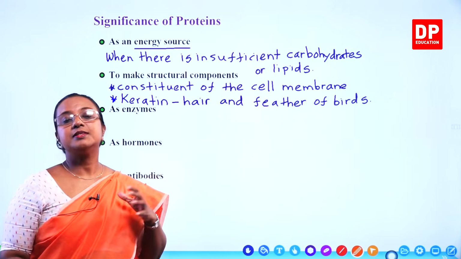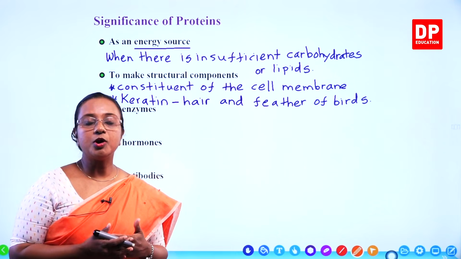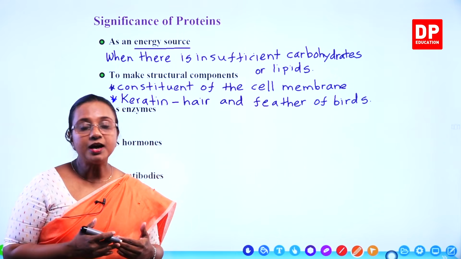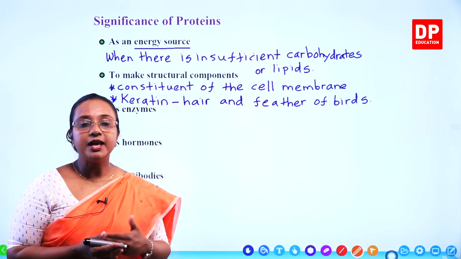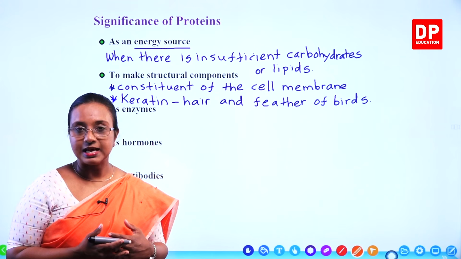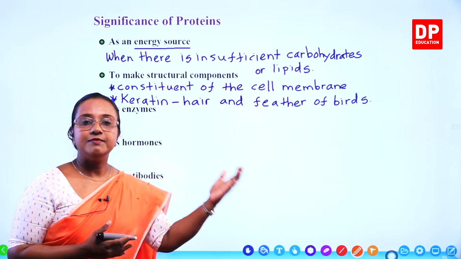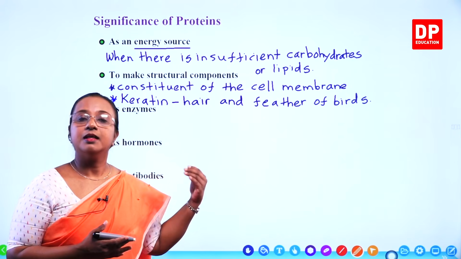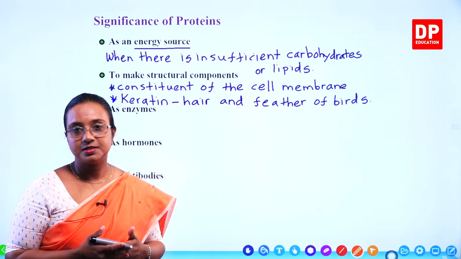Now, this is a special type of protein that is produced within the body, and the function of this protein is to increase the rate of biochemical reactions taking place inside the living body. After this, we will be discussing the property and function of enzymes.